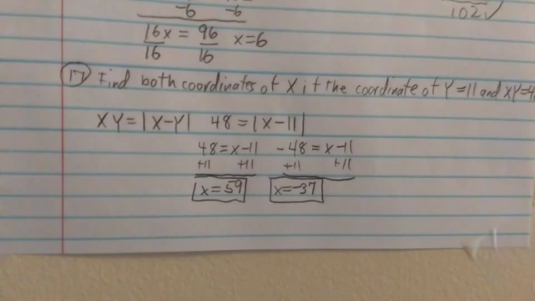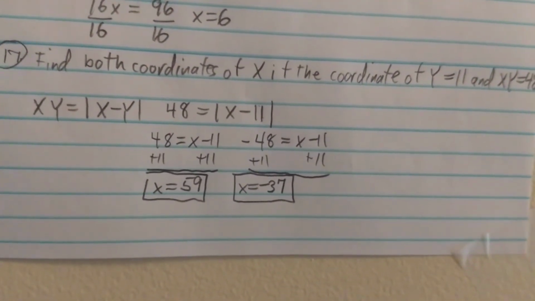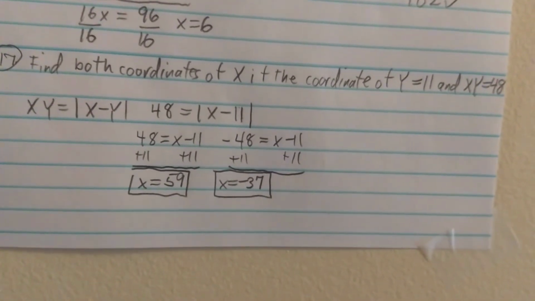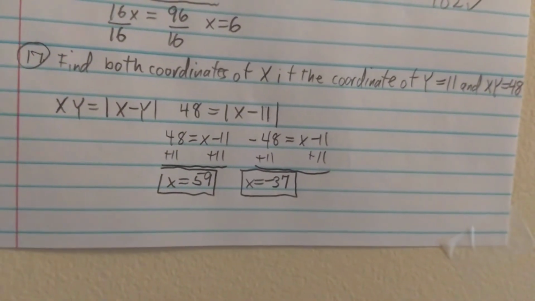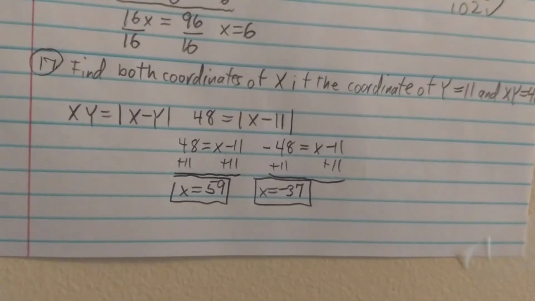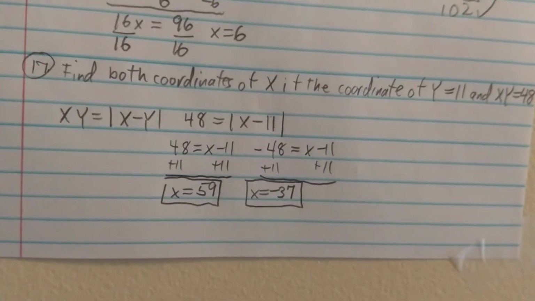Now for 17, we want to find both coordinates of x if the coordinate of y is 11 and the distance between x and y is 48. So we have to set up an absolute value equation. xy, the distance, is equal to the absolute value of x minus y.